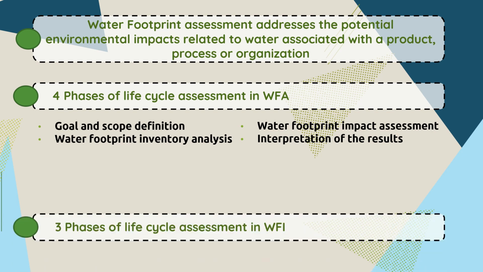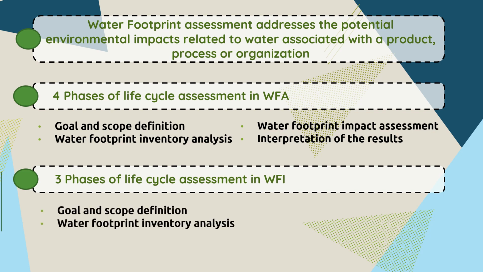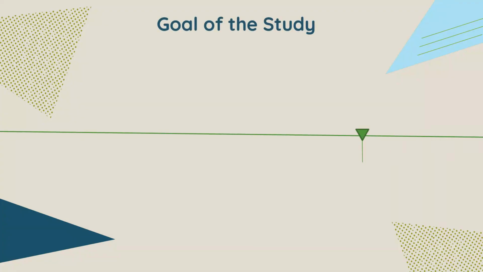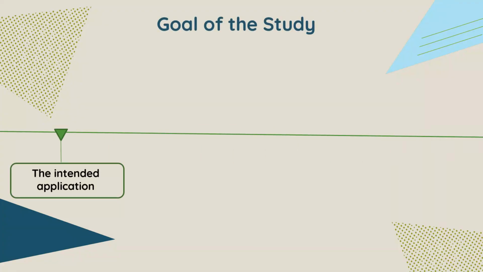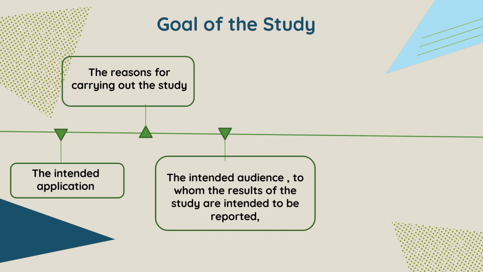While there are 3 phases of life cycle assessment in water footprint inventory, which are goal and scope definition, water footprint inventory analysis, and interpretation of the result. For the goal and scope definition, focus on the goal of the study, which is about the intended application, the reason for carrying out the study, and the intended audience to whom the results of the study are intended to be reported.